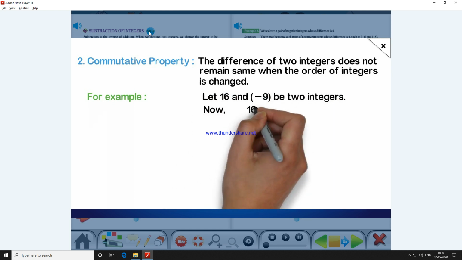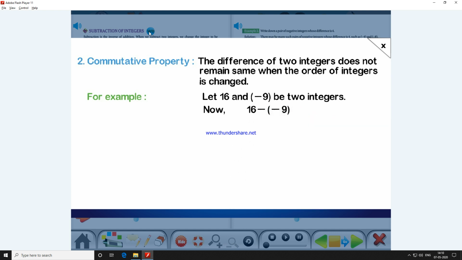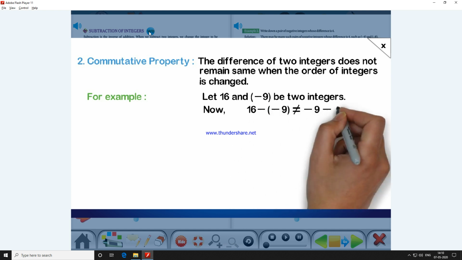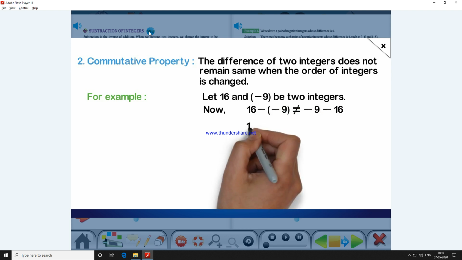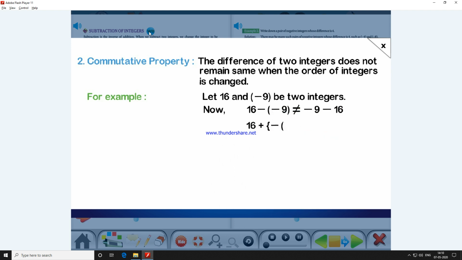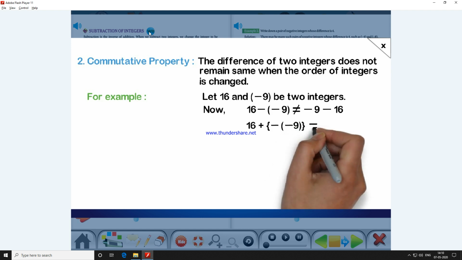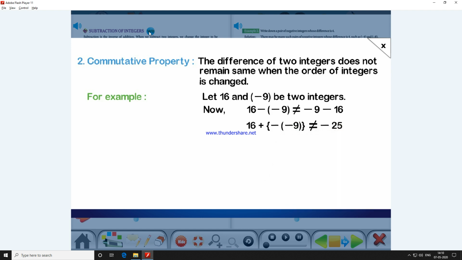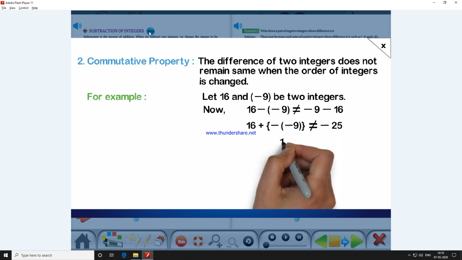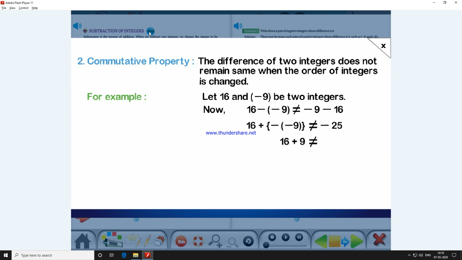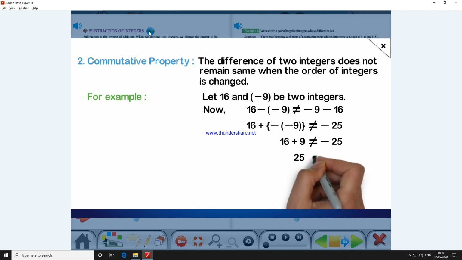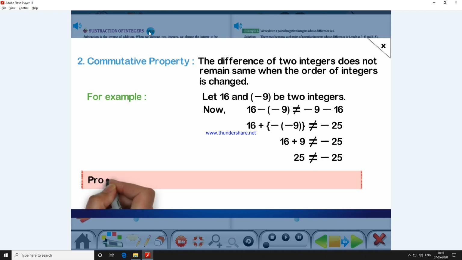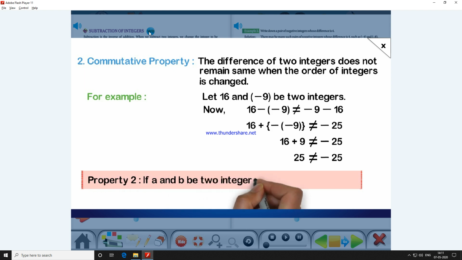Now, 16 minus minus 9 is not equal to minus 9 minus 16, which implies 16 plus open curly bracket minus minus 9 close curly bracket is not equal to minus 25, which implies 16 plus 9 is not equal to minus 25, which implies 25 is not equal to minus 25. Property 2. If a and b be two integers, then a minus b is not equal to b minus a.